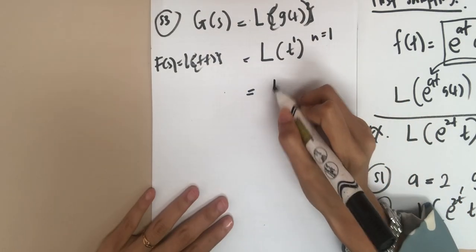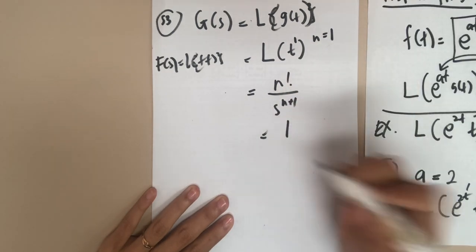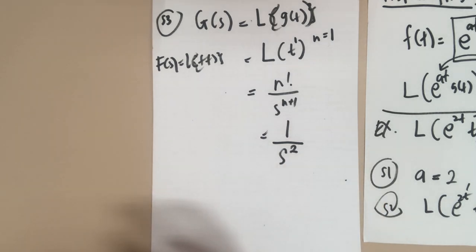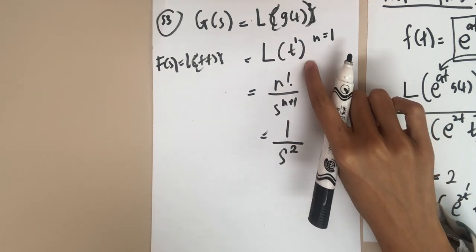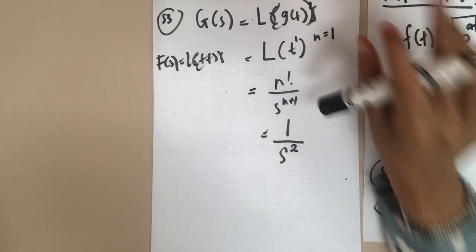Our n here is 1, so 1 factorial is 1, over s squared. So this is the answer for the Laplace transform of g(t). We are not finished yet.